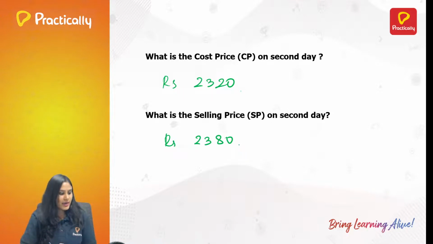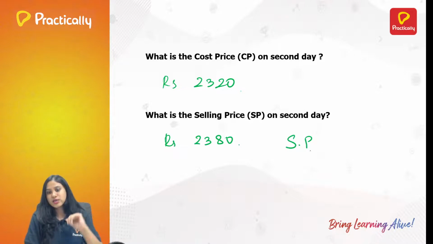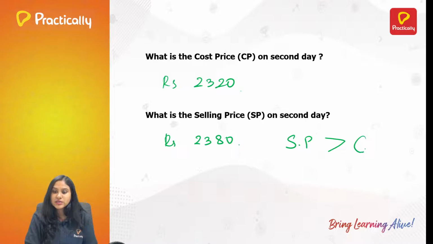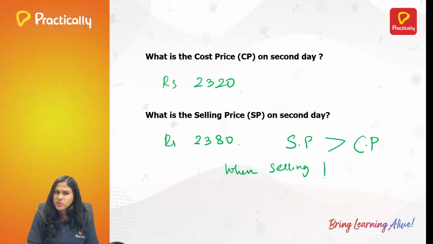Right, Sairam has said SP. Very good. So here, unlike the previous case, the selling price is greater than the cost price. When selling price is greater than cost price, can you guess what happens?